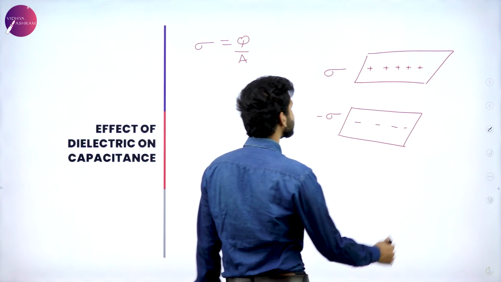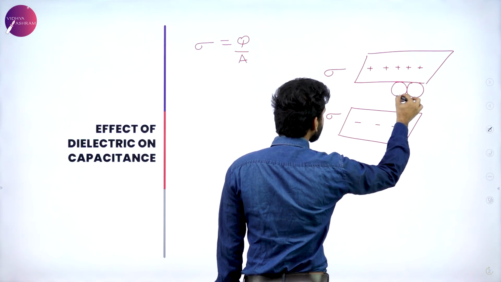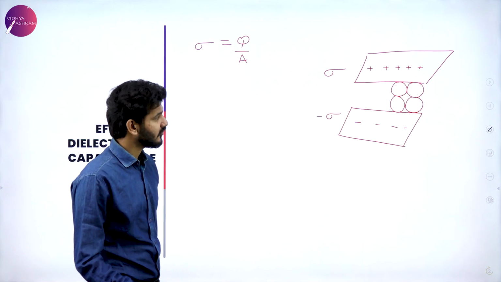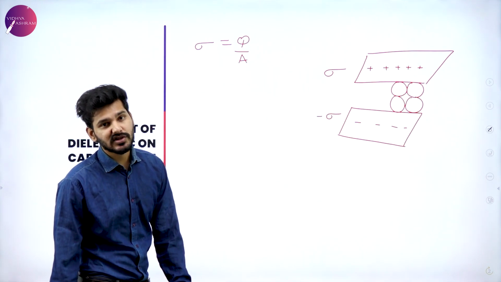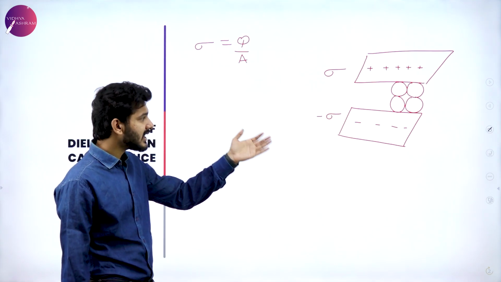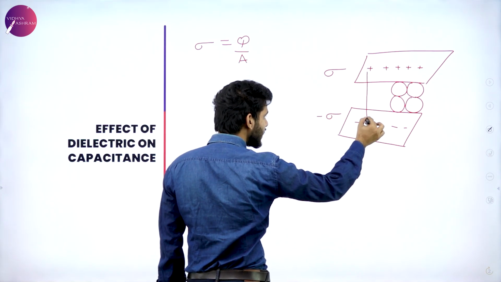And what happens if I place a dielectric medium in between these parallel plates? We know that initially when the plates are charged, they will have a potential difference and there will be an electric field starting from the positive end and going to the negative end.